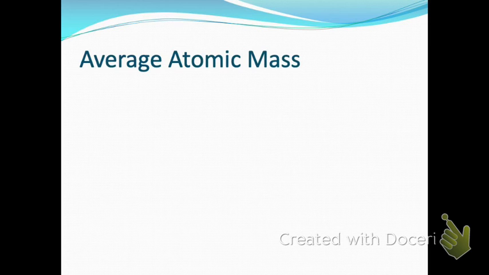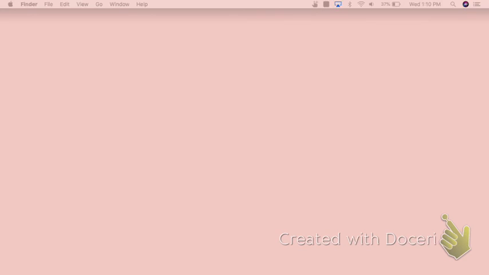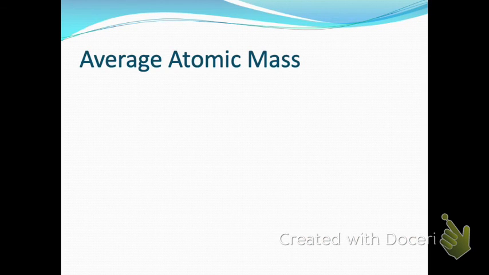We talked about how isotopes occur as different versions of the same type of element. And we talked a little bit about how the mass you see on the periodic table is a weighted average of the isotopes. Now we're going to see how that mass is calculated.